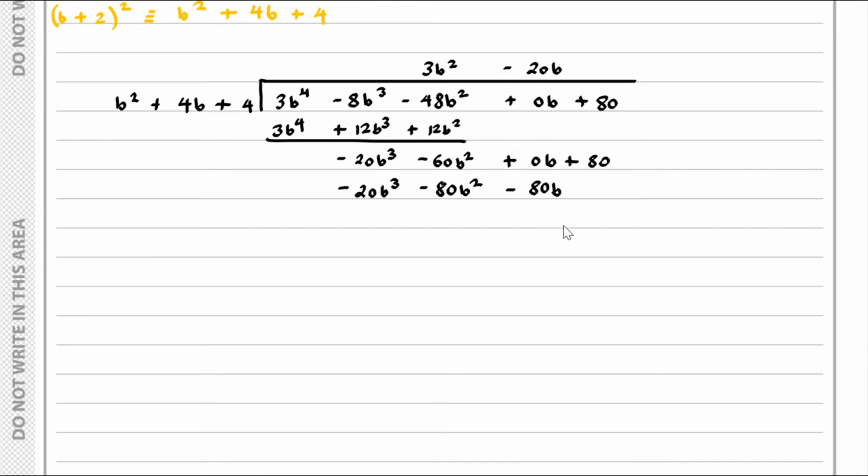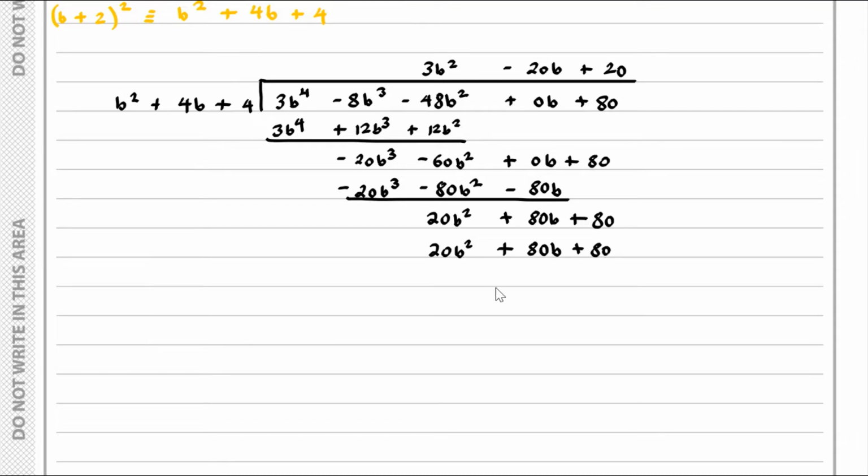And if we subtract these together, we end up with 20b squared plus 80b plus 80, and therefore 20b squared divided by b squared, that would be 20, and 20 times this result here, we have 20b squared plus 80b plus 80.